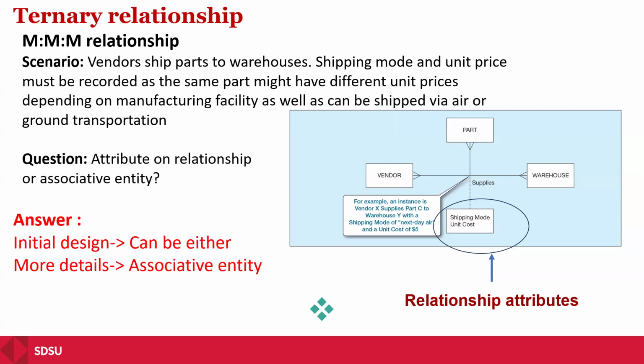But once we get further down and work on logical design as part of the database creation, we probably will end up creating a separate entity for this case once we have more information and more details. So for the initial design, it can be either, it can be a relationship attribute, but as we progress further, we probably will create an associative entity.